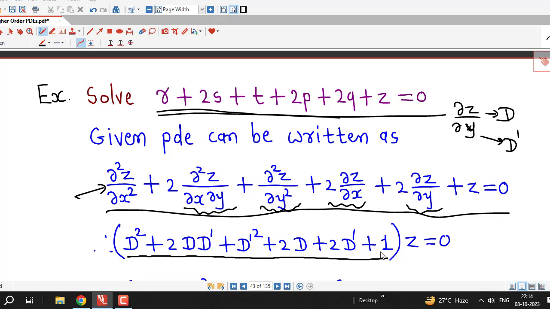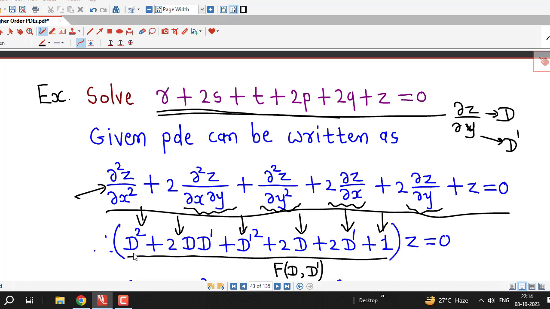So this is our function of D and D dash, which we denote by capital F. And we can observe that this function is non-homogeneous in D and D dash. Here degree of this term is 1, this is also 1, here degree is 0, and in all these terms degree is 2. Therefore degree of each term is not the same in this function of D and D dash, therefore it is non-homogeneous. So we will try to write this function as a product of linear factors.